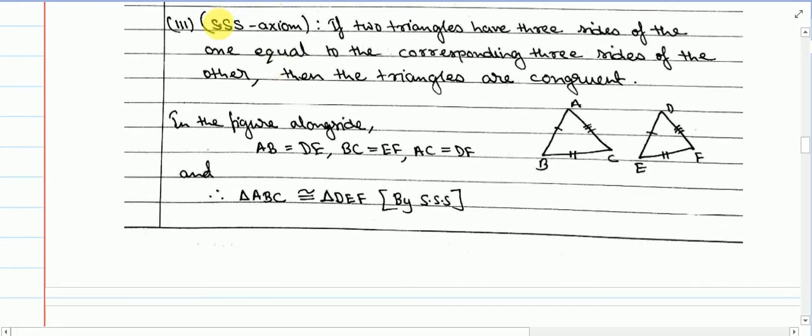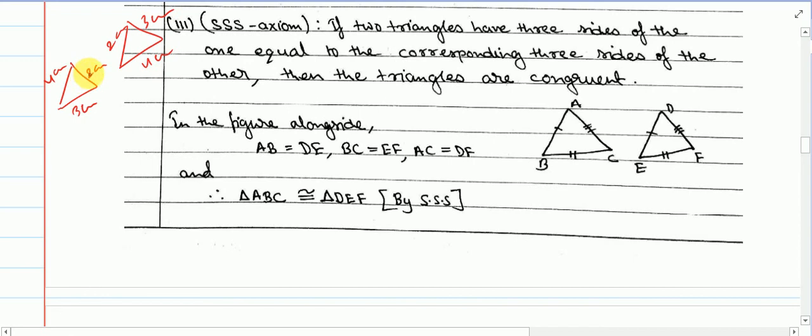Number 3, SSS, side axiom. If two triangles have three sides of the one equal to the corresponding three sides of the other, then the triangles are congruent. Like here ABC and DEF, they are congruent because AB is equal to DE, AC is equal to DF, BC is equal to EF. Like 3 centimeter, 3 centimeter, 4 centimeter, 2 centimeter, 2 centimeter, 4 centimeter.